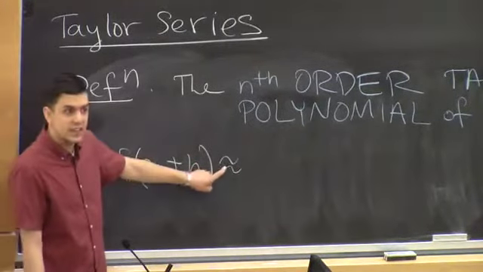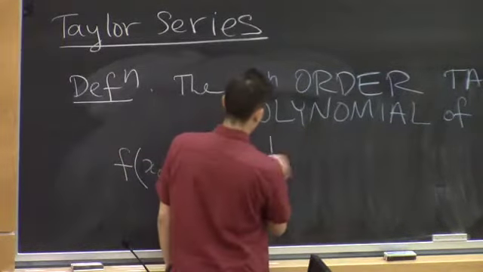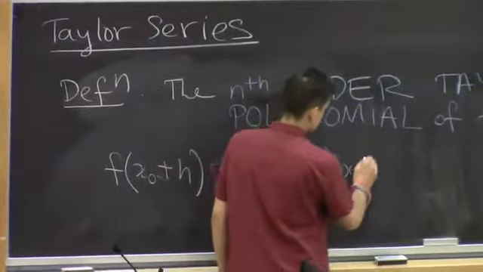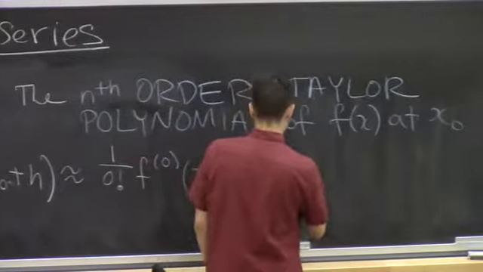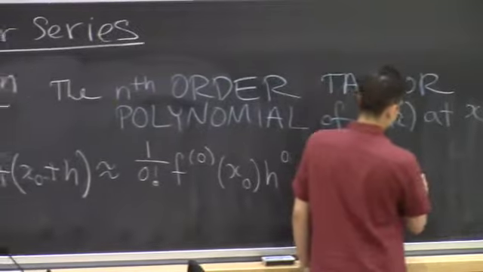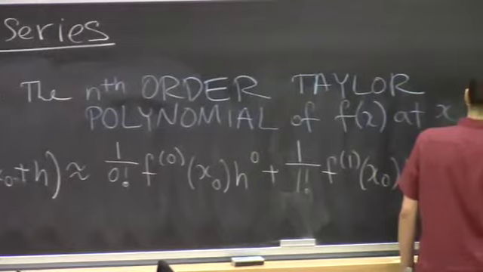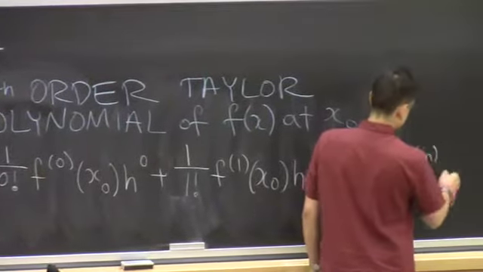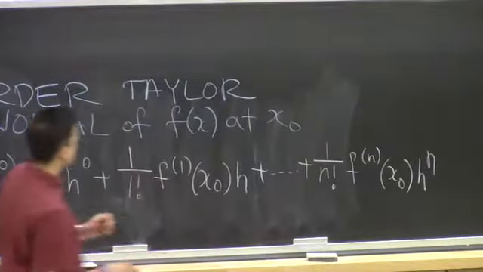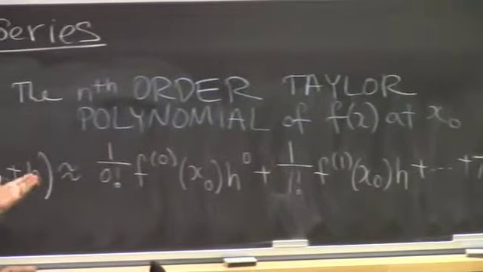I write these little squiggly equal signs to mean that something is an approximation. This is where we take the approximation up to order n.